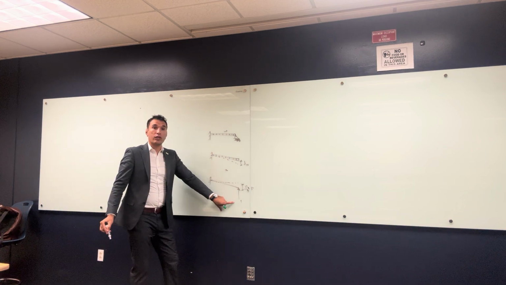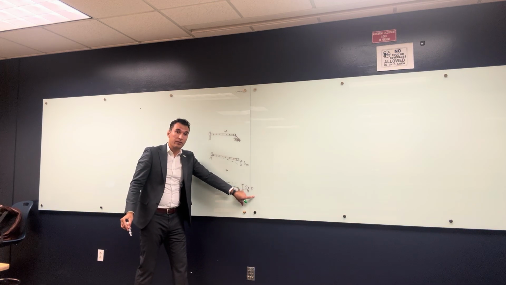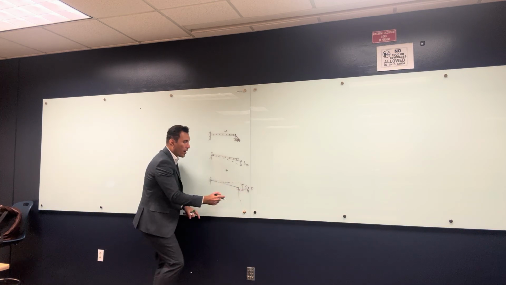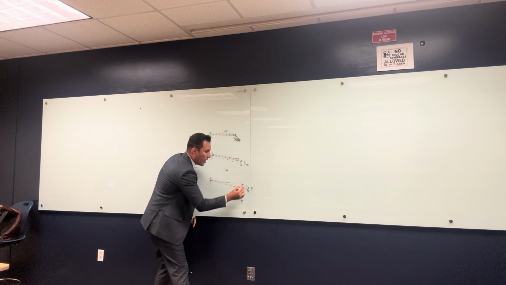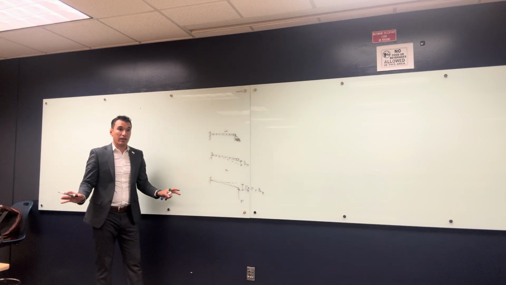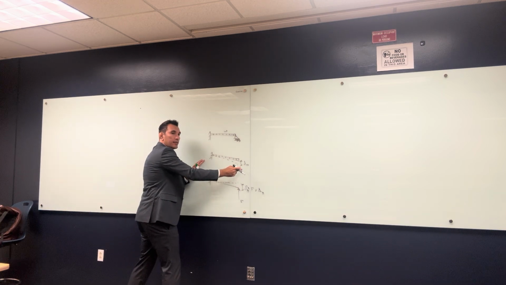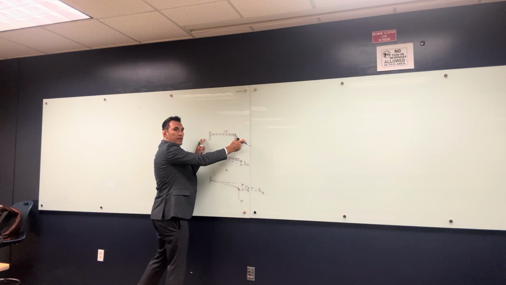If I put a unit load, this unit load is going to give me delta 1,1. If I multiply it by F, it's going to give me the same thing. Or I can put F here, and this is going to be equal to delta 1,1, the big one. So if I did this plus this, it's going to give me this, right?